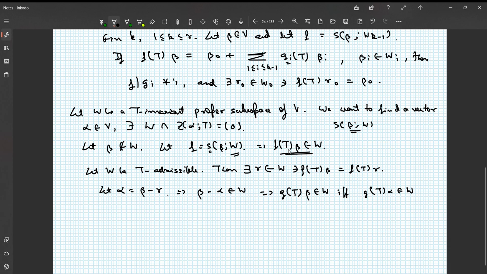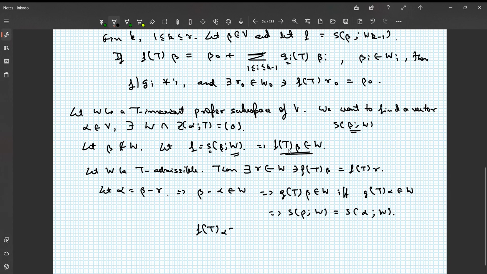Simple structure of what a vector space is, right? You can also think of it as the closedness property of a vector subspace. So what does this typically mean? This means that the T conductor of beta into W is the same as the T conductor of alpha into W, right?